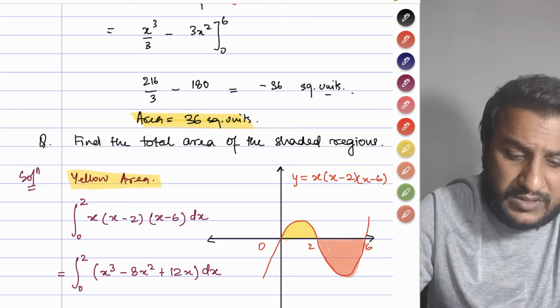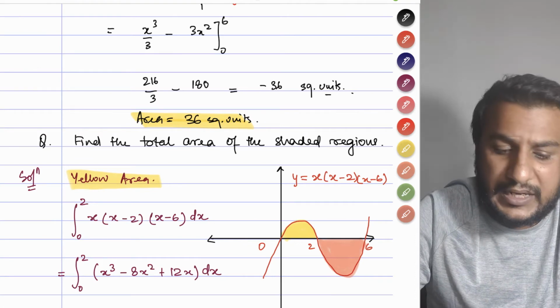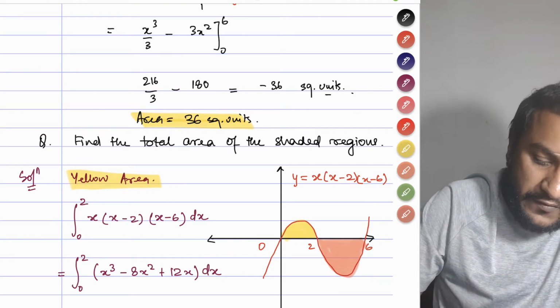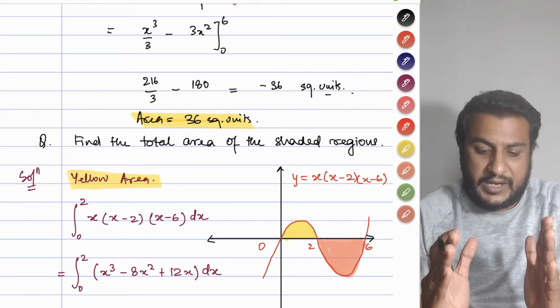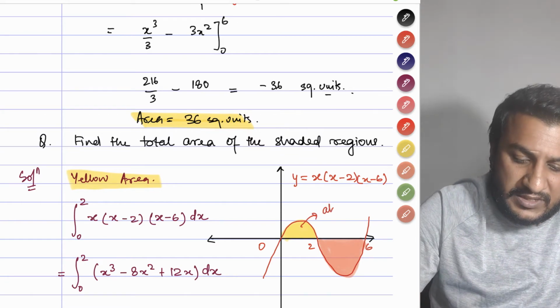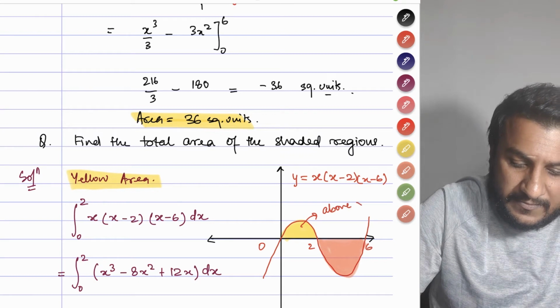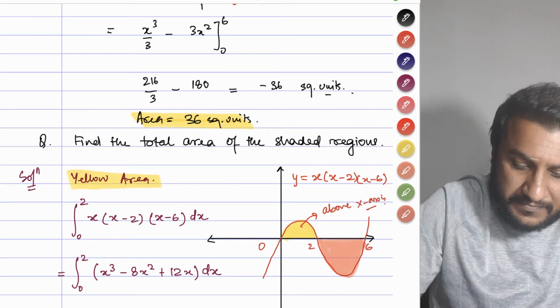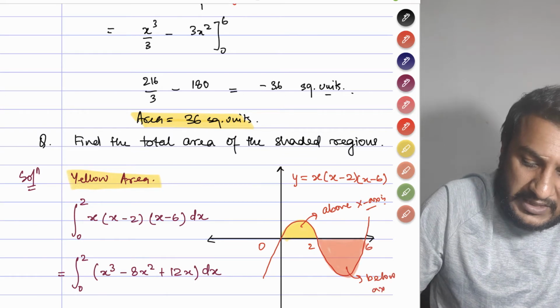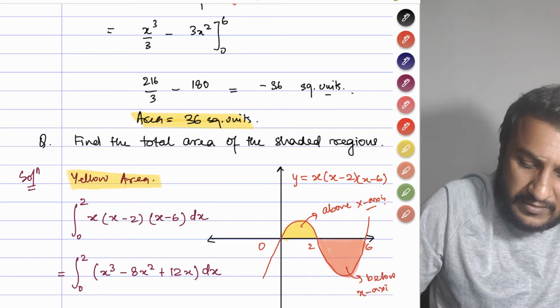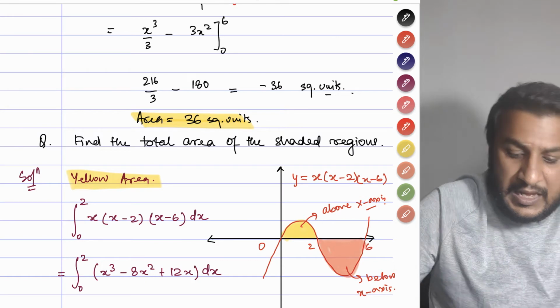Now at times the students get confused over here, since we are supposed to find out the area between 0 to 6 in total. But if you observe carefully, this is above the x-axis and this is below the x-axis.